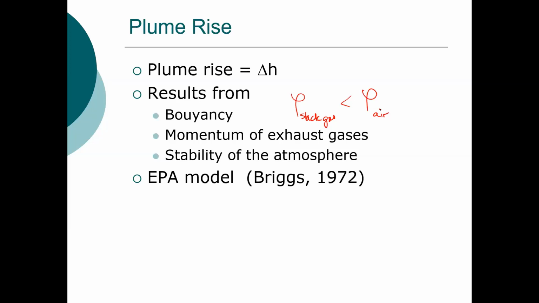The other thing, the stability of the atmosphere, will play a significant role on the plume rise. Typically what we see is low wind velocity will have a plume that will rise higher. If there is high wind, then you'll see less vertical motion.